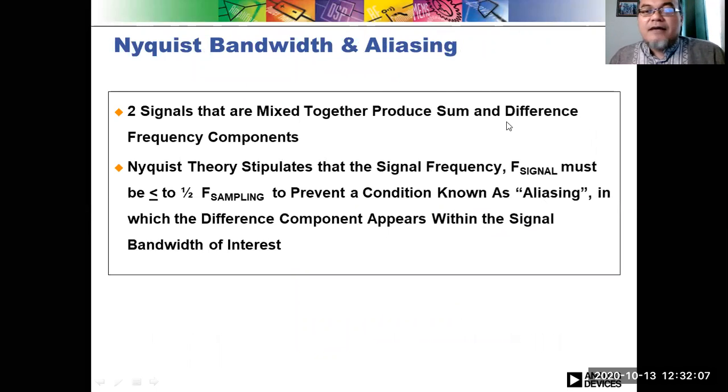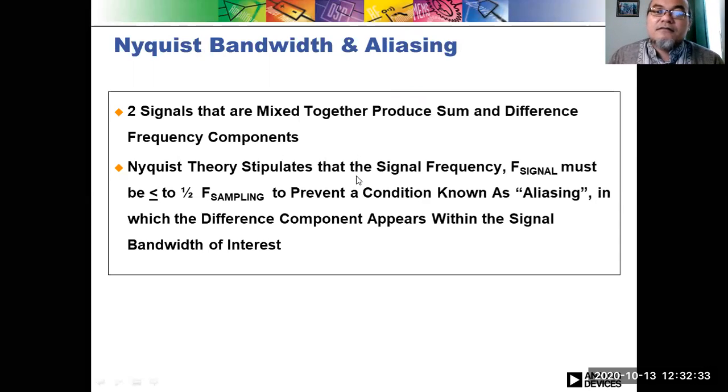Okay, we have mentioned this a little bit, about Nyquist bandwidth, sampling, and aliasing, in the previous hour. When two signals are mixed together, they produce the sum and difference of the frequency components, because some add to each other and some subtract.